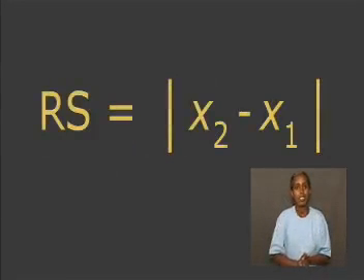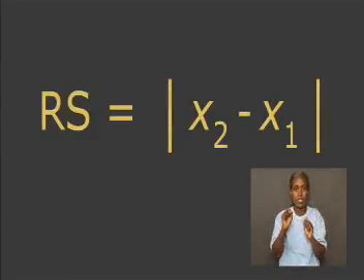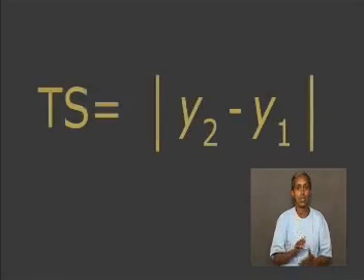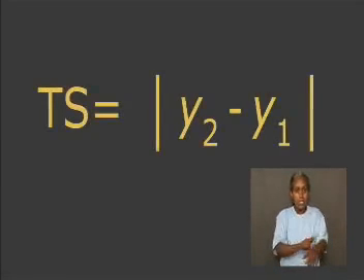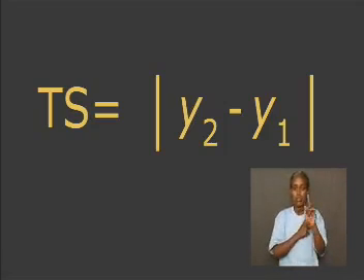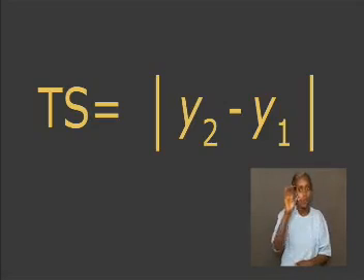If the length of RS equals x2 minus x1 and the length of TS equals y2 minus y1, then the length of RT will be found as follows.